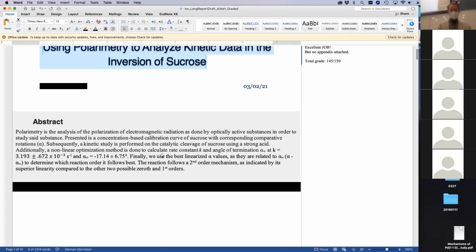There's one sentence about how the data was analyzed, basically, and then they report the final result. So the purpose of this experiment was to measure a rate constant, and so the value of that rate constant in units of per second is given with its stated uncertainty. Okay.